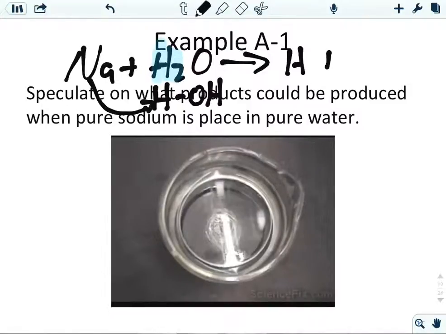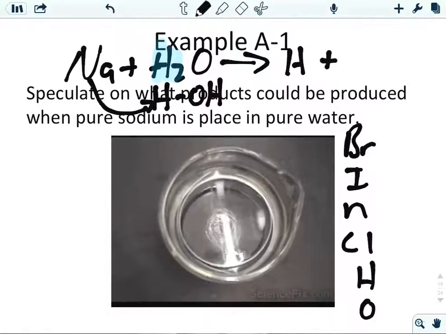So hydrogen all by itself, we check, is it a part of Brinkelhoff? Remember, it's BrINClHOF for the F, and then we see that yes, it is. It's right there. So instead of just writing hydrogen, we write H2. Okay. Plus now sodium, which is Na, is bonded to hydroxide, which is OH.